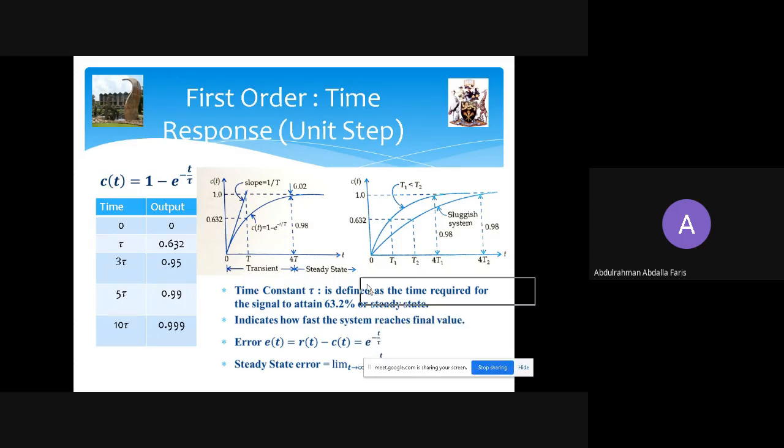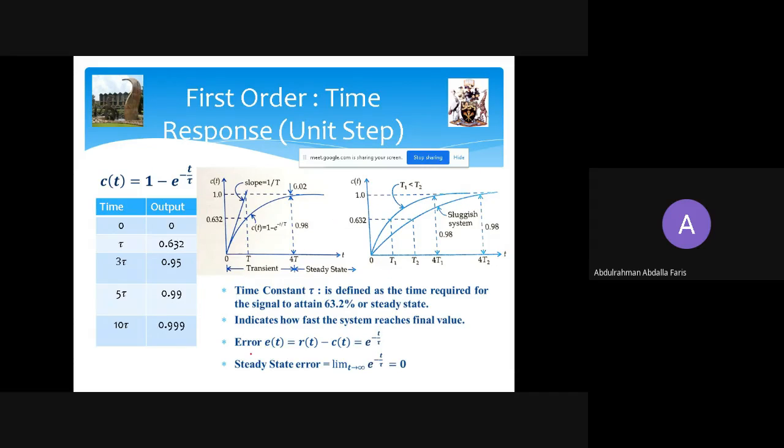Another thing we need to know is the steady state error. We know the error e(t) is the input minus the output. Our input is 1, and our output is 1 minus that exponential.